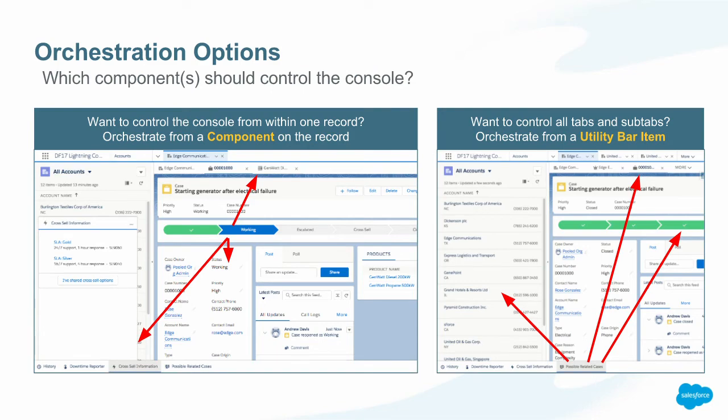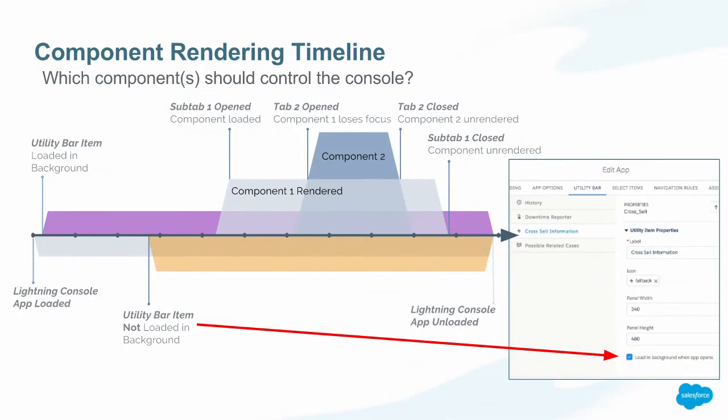And the main reason behind that is, if we take a look at what is the rendering timeline for components, you'll notice once again the utility bar components are very long-lived. So they almost live the entire life cycle as you've created your Lightning Console app, and then once it gets unloaded, that's when your utility bar applications will also be unloaded.